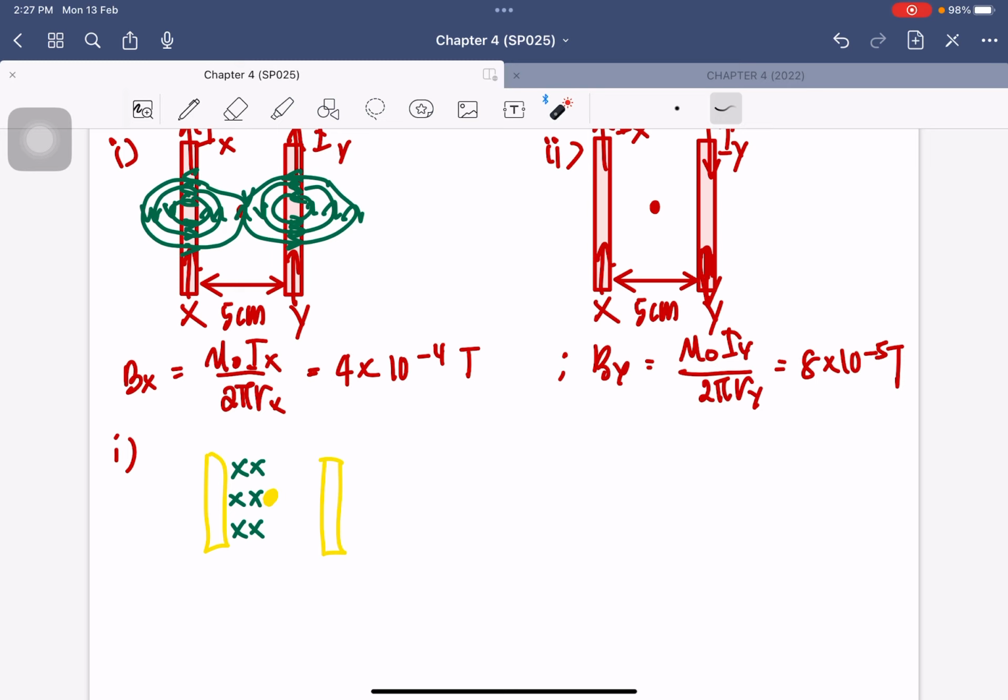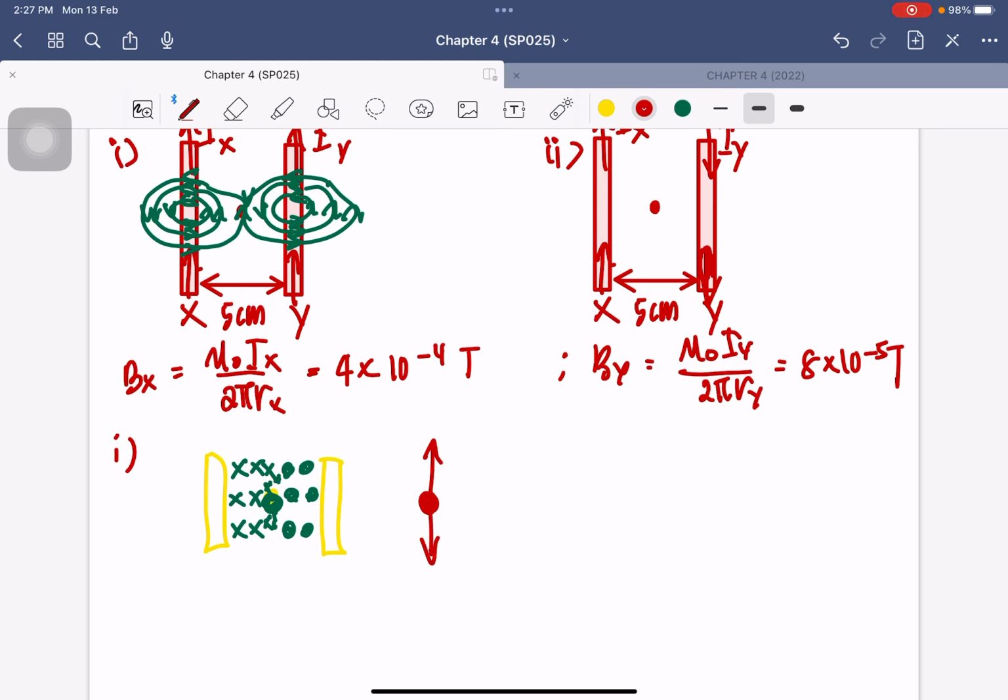For this side at this point here, we will see... I'm trying to imagine it first. Okay, yeah. Then here you will see a dot. So one of them will be a dot, and the other will be an X. So what happens at this point is that one of them points upwards, one of them points downwards.